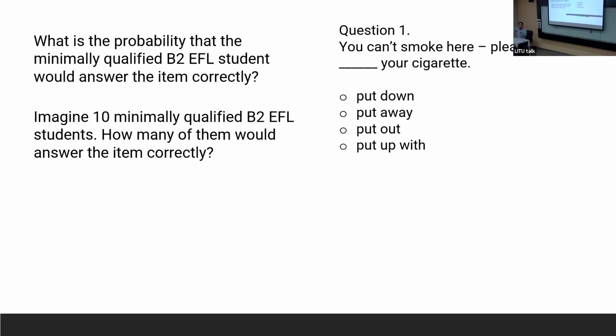Most of the teachers couldn't answer these questions correctly here. No, B2. We're talking about B2. So they're B2? Oh, B1. Okay. What a harsh rater.